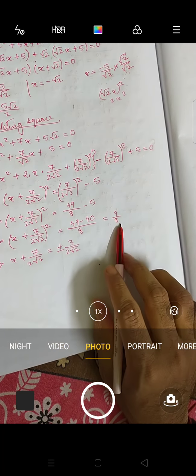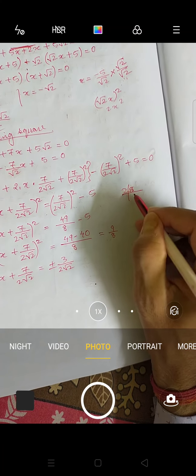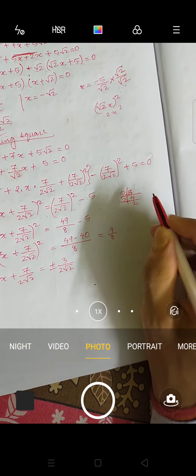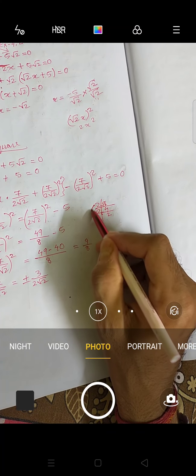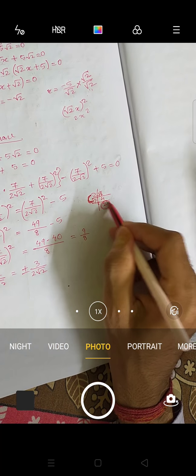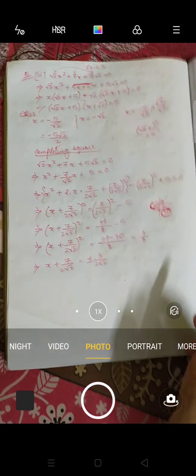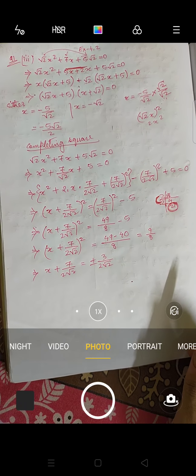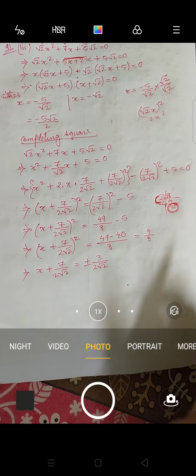When you take the prime factors of 8, you will be having 2, 4, 2, 2. So whenever you are having a pair inside the root, 1 comes out. So 1 will come out, that means 2, and 1 root 2 will remain inside the root. So it will be 2 root 2. Is it clear? Now once you take plus and next time you take minus and solve it.